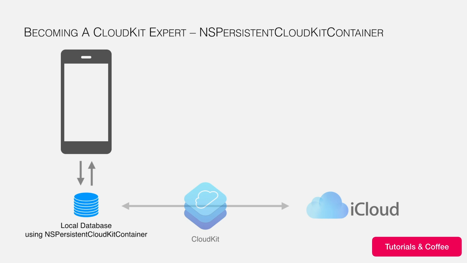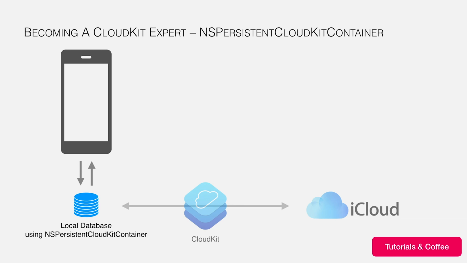We only work with our local database with CoreData. So from our perspective, it seems as if we were only storing our data locally in our CoreData storage, and all the synchronization, all the uploading, everything is done by iOS automatically and in the background.